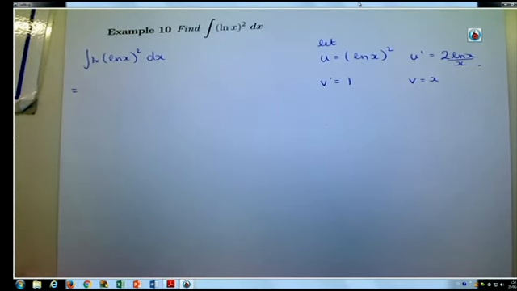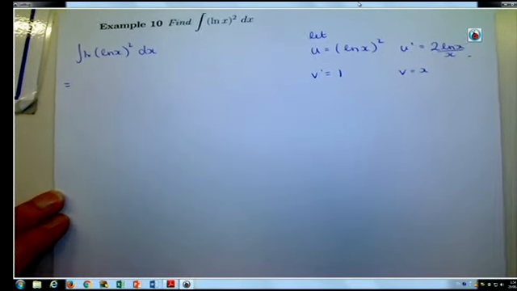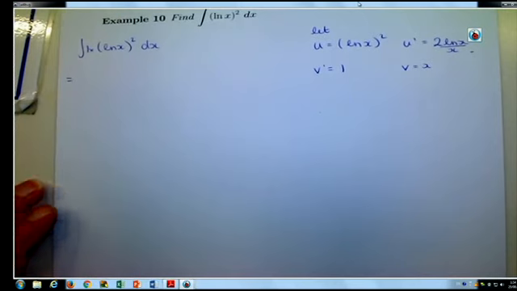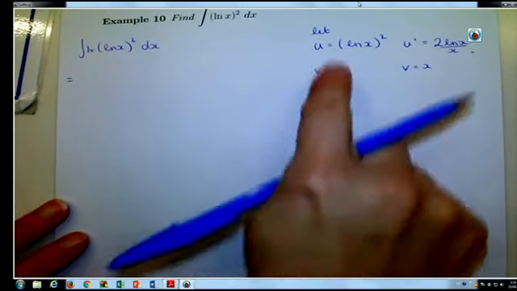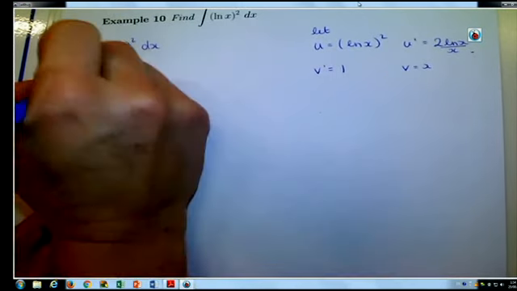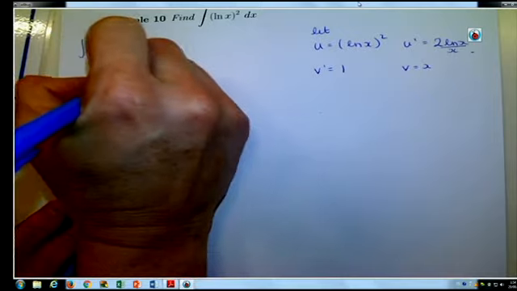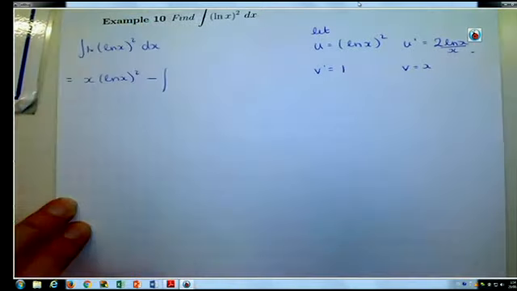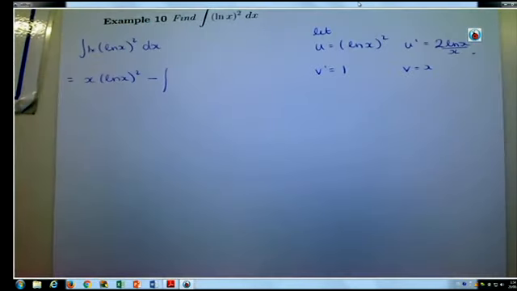Okay, so now that we know all the bits and pieces for the equation, we just substitute it in, right? So we've got u times v, this one times that one, minus the integral of u prime times v.